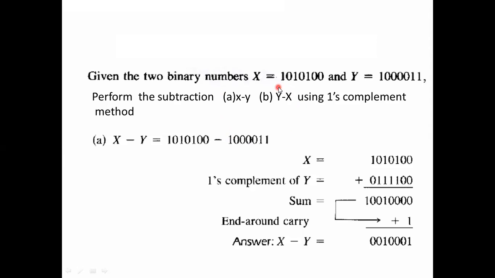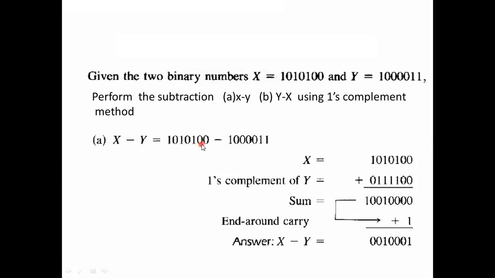Here the x value is given as 1010100. 1's complement and 2's complement are used for which number system? For the binary number system. Here y is taken as this. Perform the subtraction x minus y and y minus x using the 1's complement method. First we are doing x minus y.